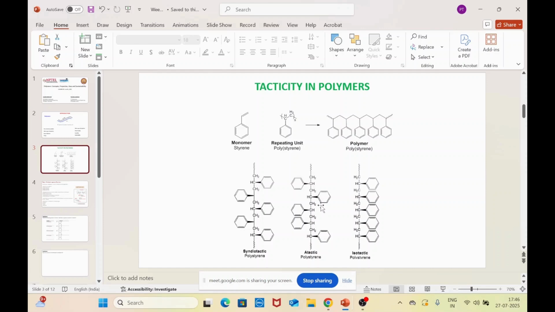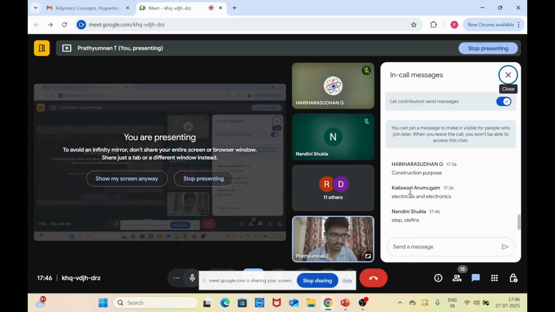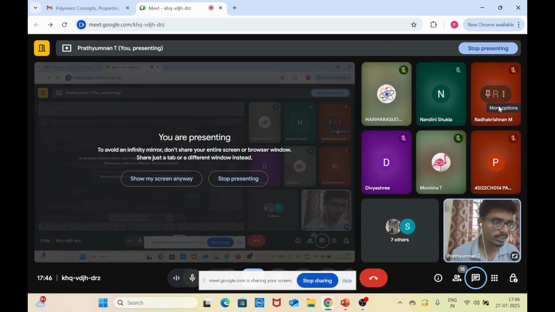Even there we are introduced to these polymer concepts, and a few examples people might have learned. So can anyone tell me? Step polymerization, yes. Free radical, step growth, yes. And another one, step polymerization. Again, we have condensation polymerization, which is also one of the steps.